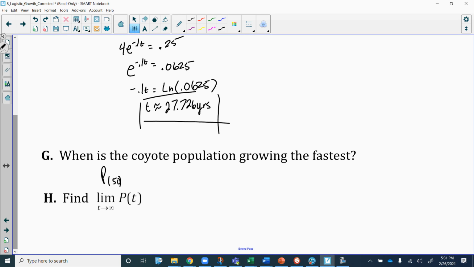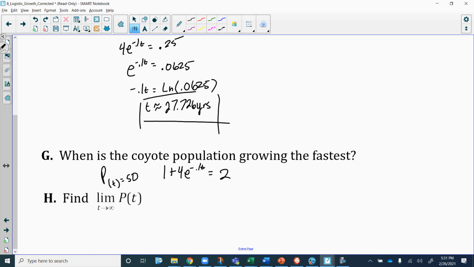So here, not P of 50, but when P of t is equal to 50. We basically repeat the whole process we just did, and I'm going to end up with 1 plus 4 times e to the negative 0.1t power equal to 2.